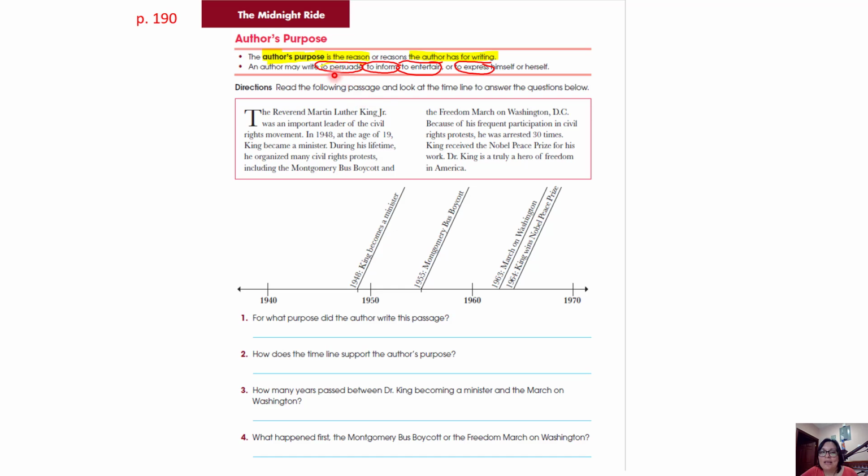Was the author trying to persuade you, to inform you, to entertain you, or to express himself or herself? Which one of these 4 goes in number 1?